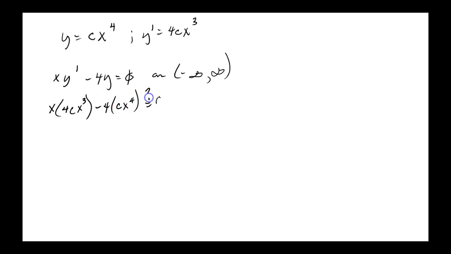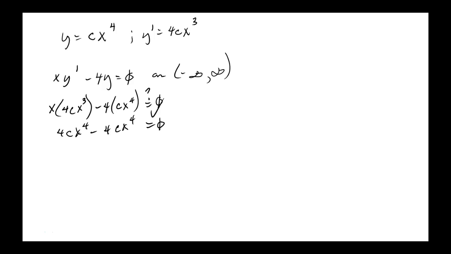Is that equal to 0? Well, when you multiply through, you get 4cx to the fourth minus 4cx to the fourth, and sure enough, that is indeed identically equal to 0. So you verified that solution works.